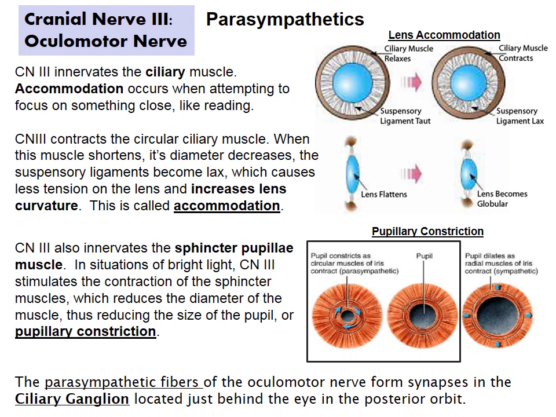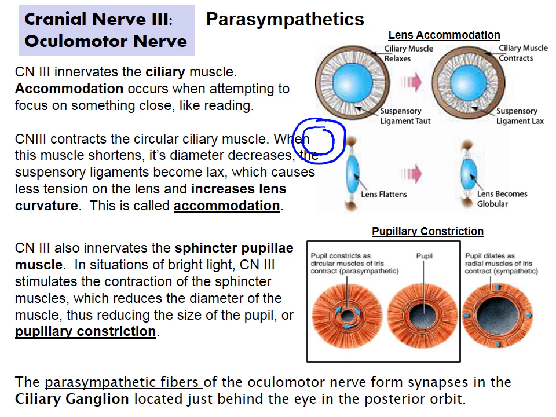So cranial nerve number 3, or the oculomotor nerve, also innervates the sphincter pupillary muscle. So in other words, it constricts the pupil. So just like with the ciliary muscle, which starts off as a large muscle when it's relaxed, as it contracts, the circumference of it and the diameter, of course, gets smaller.